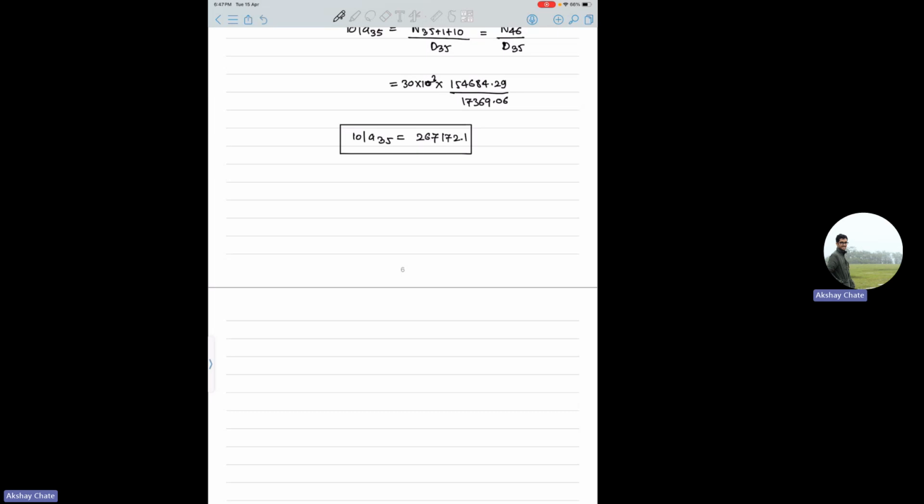There are also three types: ordinary, due, deferred. This is temporary life annuity, TLA. What is TLA? Temporary life annuities. That itself is TLA.